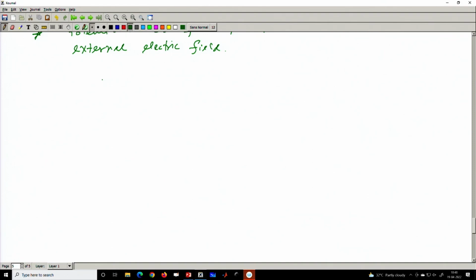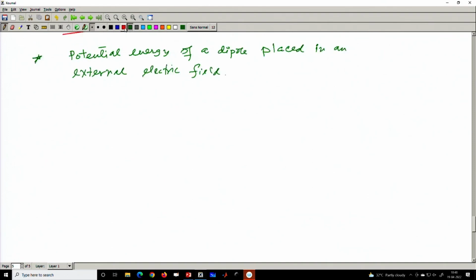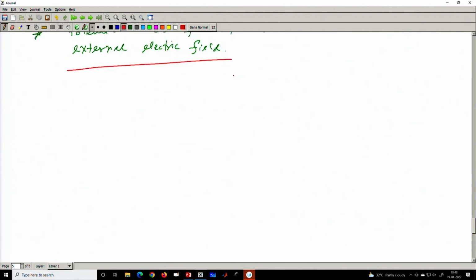We discussed potential energy earlier, so let us calculate it quickly. We have a dipole here, say this is minus q and plus q, and this length is a vector d.